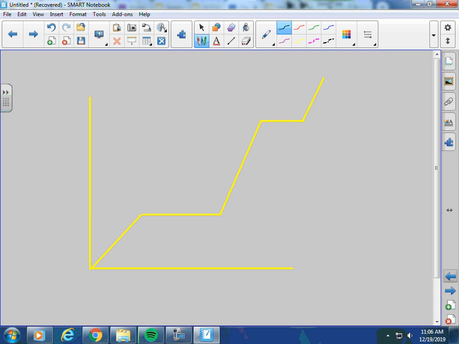So over on the y-axis, what we have is temperature. Whatever units, doesn't really matter. And this is time. And over time, we are adding energy. Okay? So what phase are we going to have at the lowest temperature? Solid. They're the lowest temperature because the particles are moving slowest. They're just vibrating back and forth. Now as we add energy, they're going to vibrate faster, until we get to this point here.